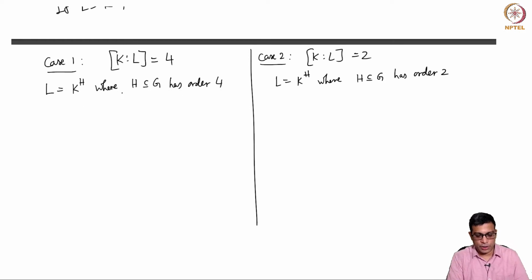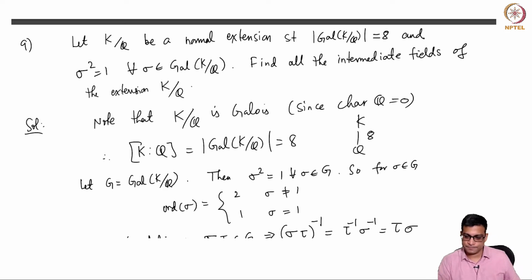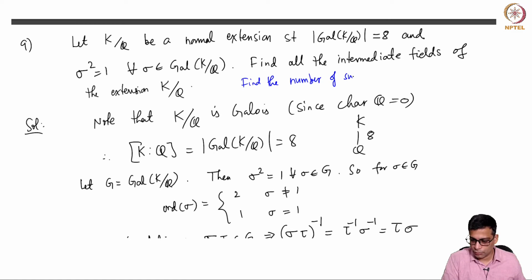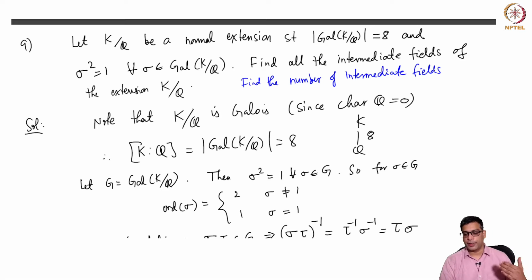So now, the question really is to find the number of such intermediate fields. Because this is an arbitrary extension, the question of finding all the intermediate fields doesn't really make sense. After doing this, we will do a specific example where we can ask about finding the intermediate fields.